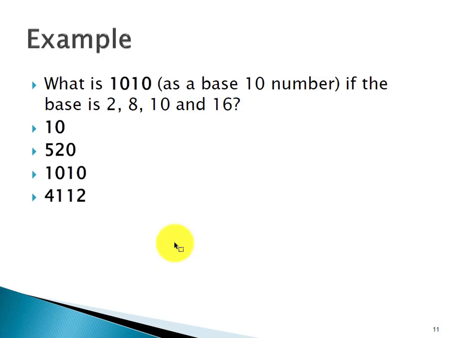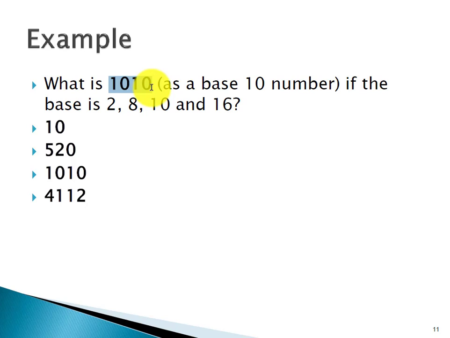So, using your positional notation formula, as I told you before, you can use that to actually convert numbers from any base to base 10. So assume that this number is in base 2 and you want to convert it to base 10. How do you do it?